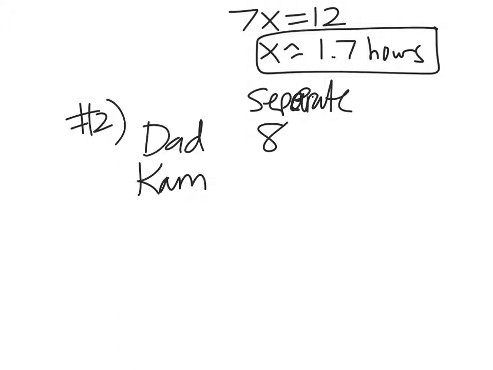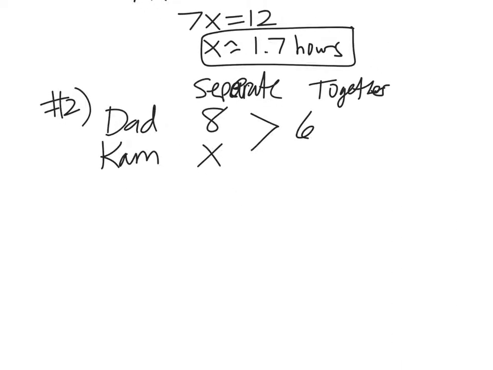Cameron can do the job in x hours. We don't know how long Cameron could do this painting job. But together, they can do the job in 6 hours. So they can paint this room together in 6 hours.